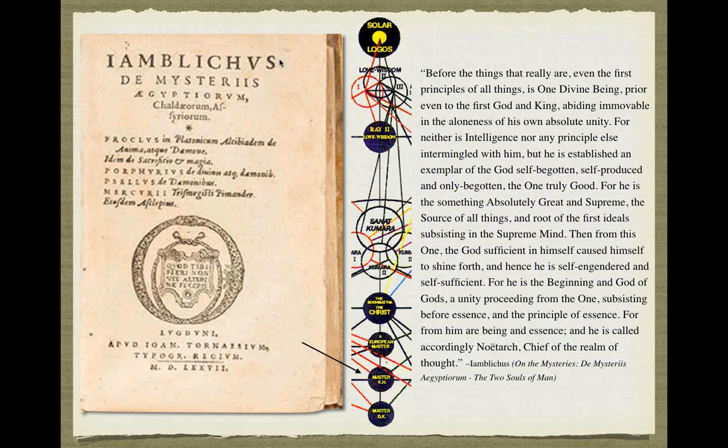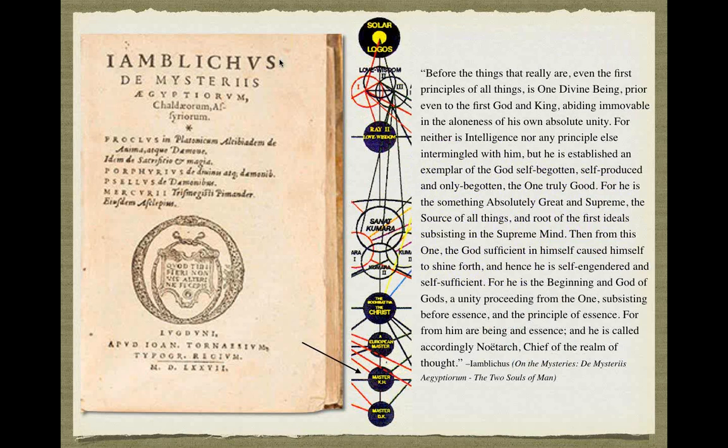Before the things that really are, even the first principles of all things, is one divine being, prior even to the first God and King, abiding immovable in the aloneness of his own absolute unity.